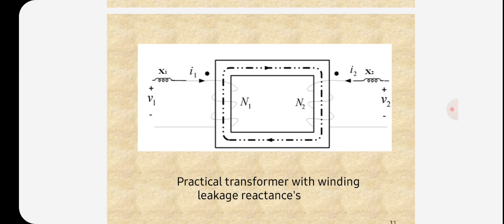The advantage of transferring the reactances to one side is that it makes calculations simple and easy, because then we have to work in one winding only. So in this it is referred to primary.